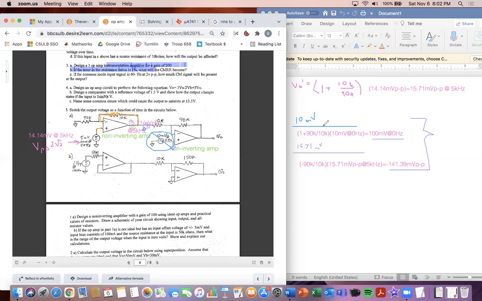So for the diagram, what I want and what probably he'll want to see as well. Okay, this one's 100 millivolts at 0 hertz. So it's just going to stay right here. So for this blue one here, it's going to stay right here at 100 millivolts. This one right here is going to be peak to peak. So we know divide by 2, it's going to be 141.39 millivolts divided by 2.